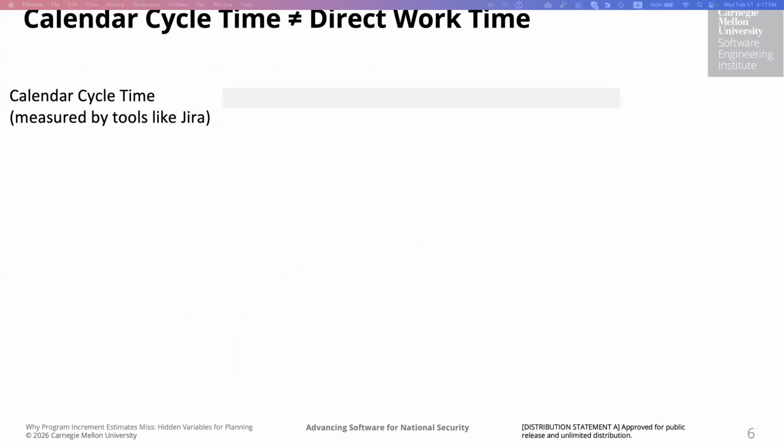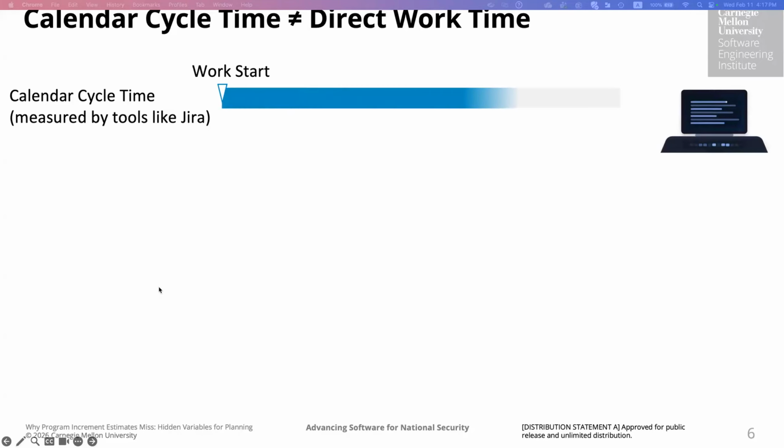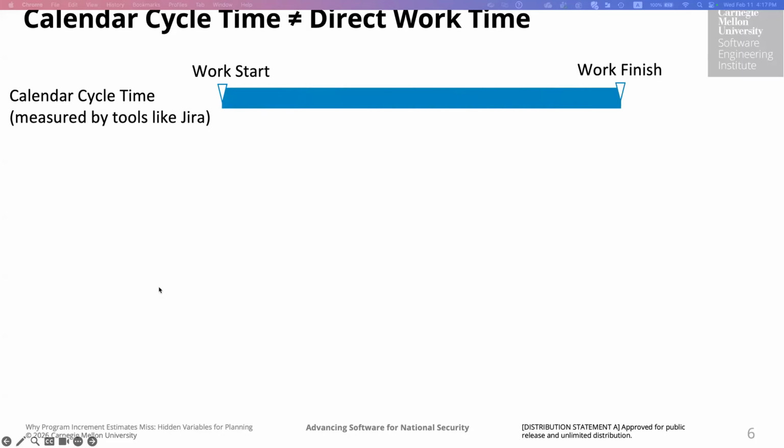Thank you, Bill. So let me start by talking about the aspect that Bill just mentioned, that when you do an effort estimation for how long your work might take, what you might notice is that the calendar cycle time is often not the same as the direct work time, because the calendar cycle time is something that is measured by tools like Jira. So you have a work start point, and then something happens, and then you have a finish date, right?